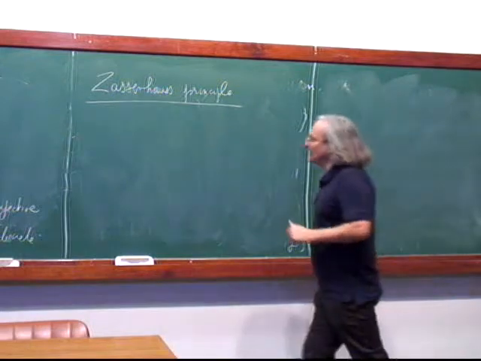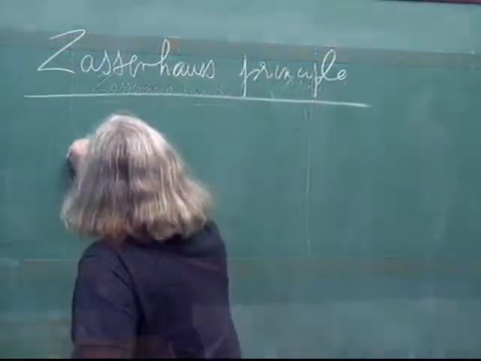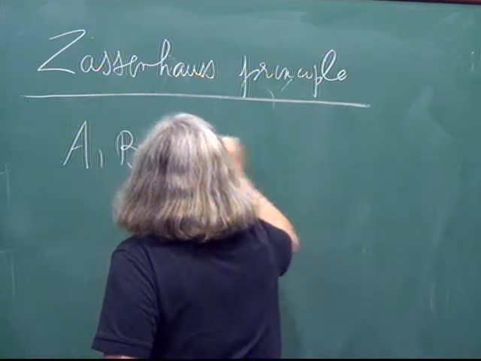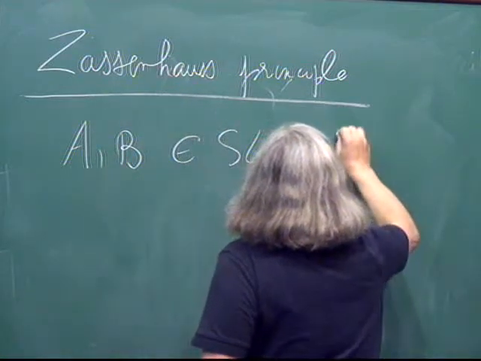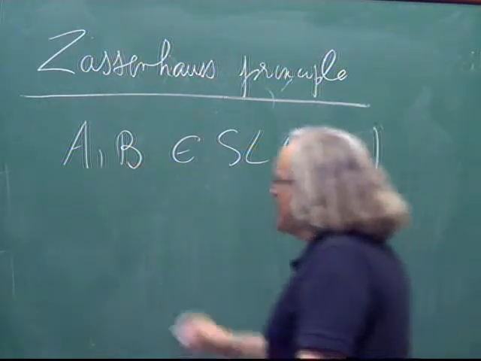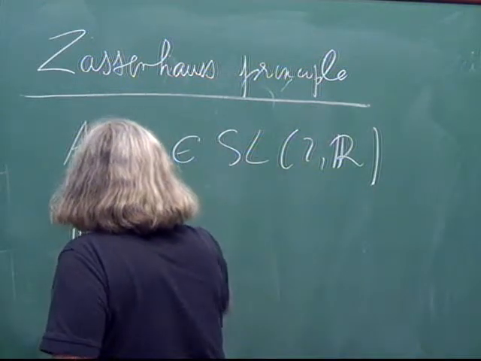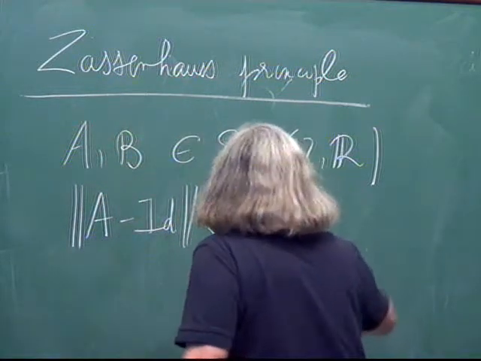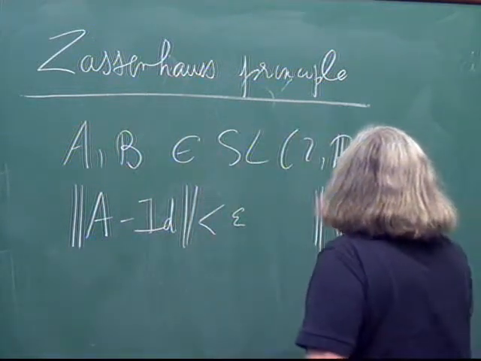Well, it says the following. Suppose you have two matrices, A and B in SL2R, and suppose they are close to the identity. So the norm of A minus identity is small, and the norm of B minus the identity is small.